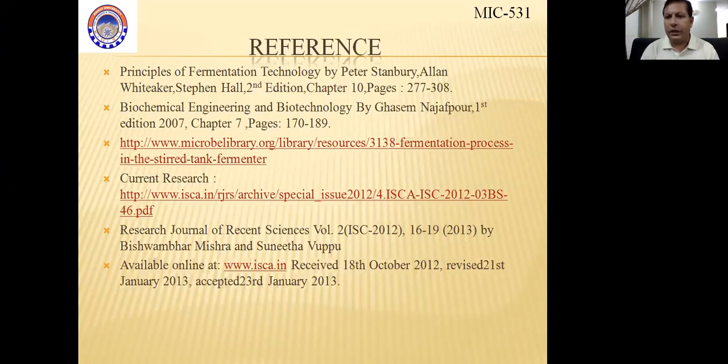You can read these techniques from this book. The second book you can follow is Biochemical Engineering and Biotechnology by Ghasem Najafpour, 2007 edition, chapter 7, pages 170 to 189. You can also follow this link, and another source, the Research Journal of Recent Sciences, which has good publications available online.